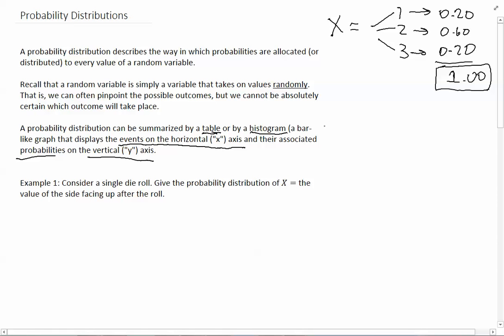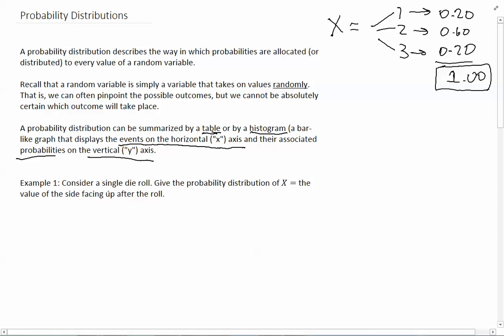Oftentimes we see the latter form, because some random variables, like a continuous random variable that can take on continuous values between, say, 1 and 3, can have infinitely many possibilities, and it would be impossible to summarize infinitely many values in a table.